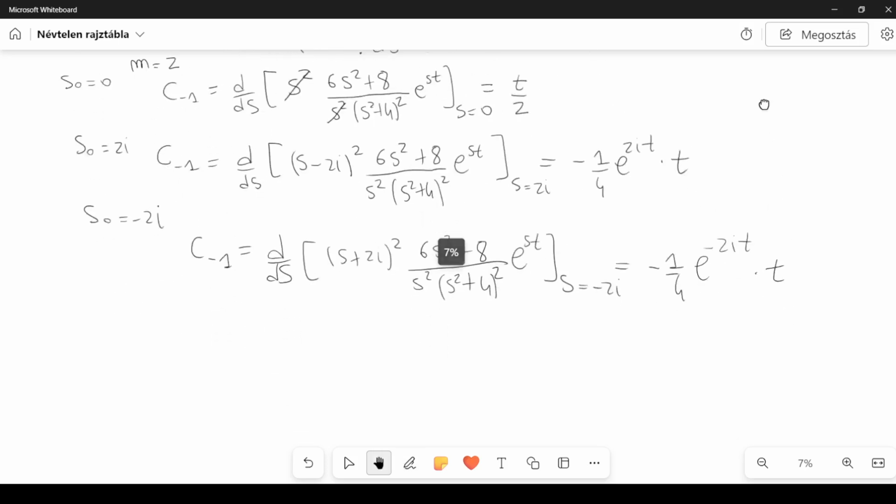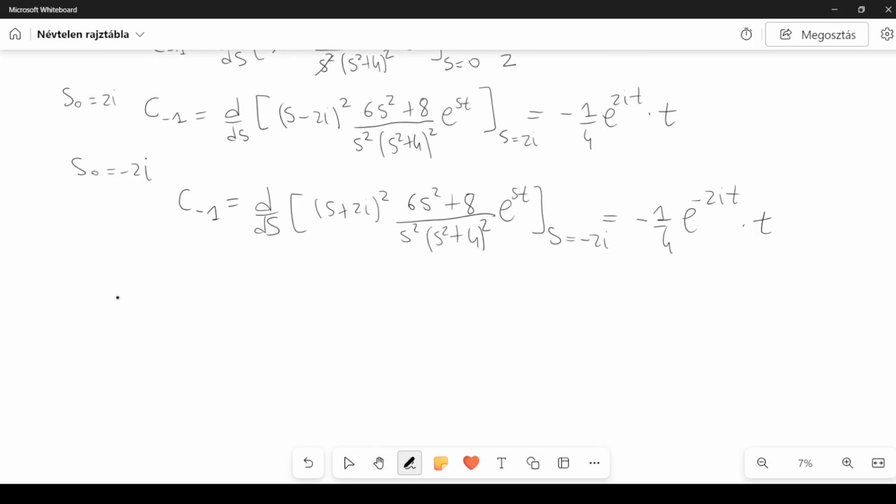So at the end of the day, what we get is this. We get that the inverse Laplace transform of (6s squared plus 8) divided by (s squared plus 4) squared is just equal to the sum of the residues that we have up there.